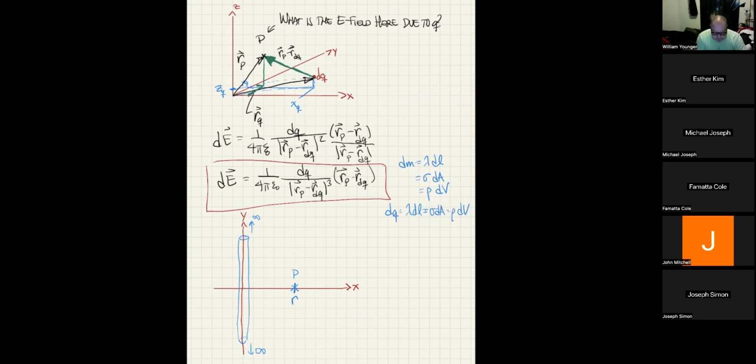Since this is uniformly charged, and it appears to be more or less one-dimensional, we're going to say dq is going to be equal to lambda times dy. And this is a constant. And what do we mean by that?